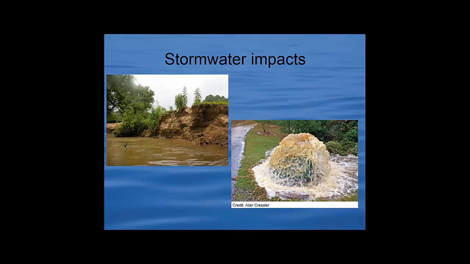That's a manhole blowing up with inflow and infiltration problems from combined sewer issues, which is also a very big stormwater concern. And these are complex problems. It's not just stormwater that causes this bank erosion, lack of adequate vegetated buffers in the riparian zone, but all these things play in together, and stormwater is a huge component.